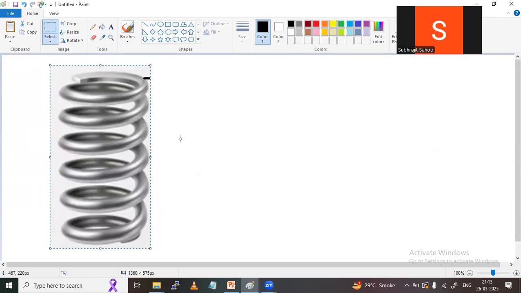Observe carefully. This is called the mean diameter, right? Here to here is called the mean diameter of the spring, as I already told.